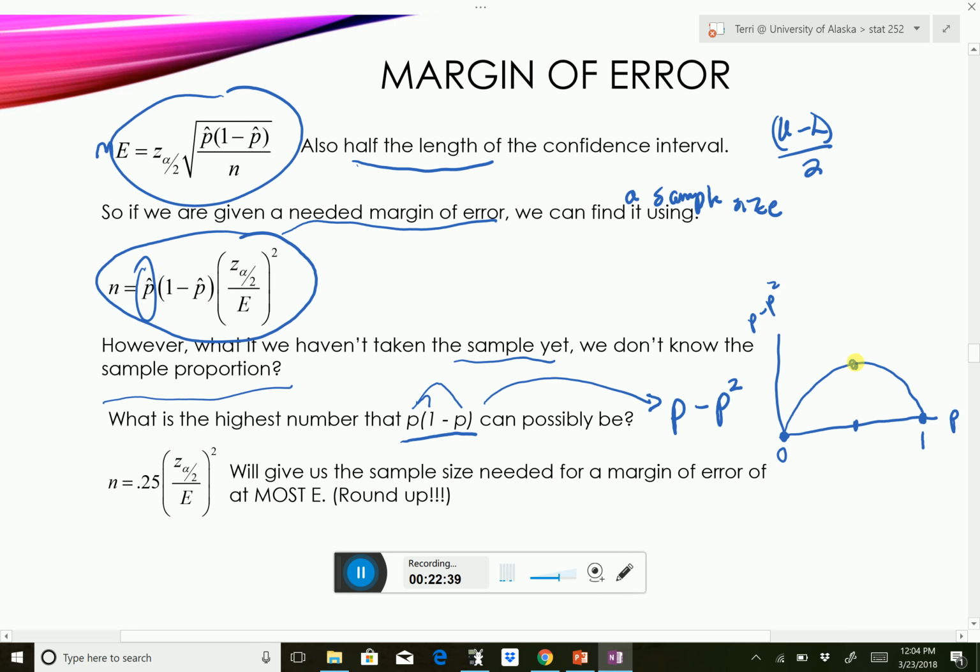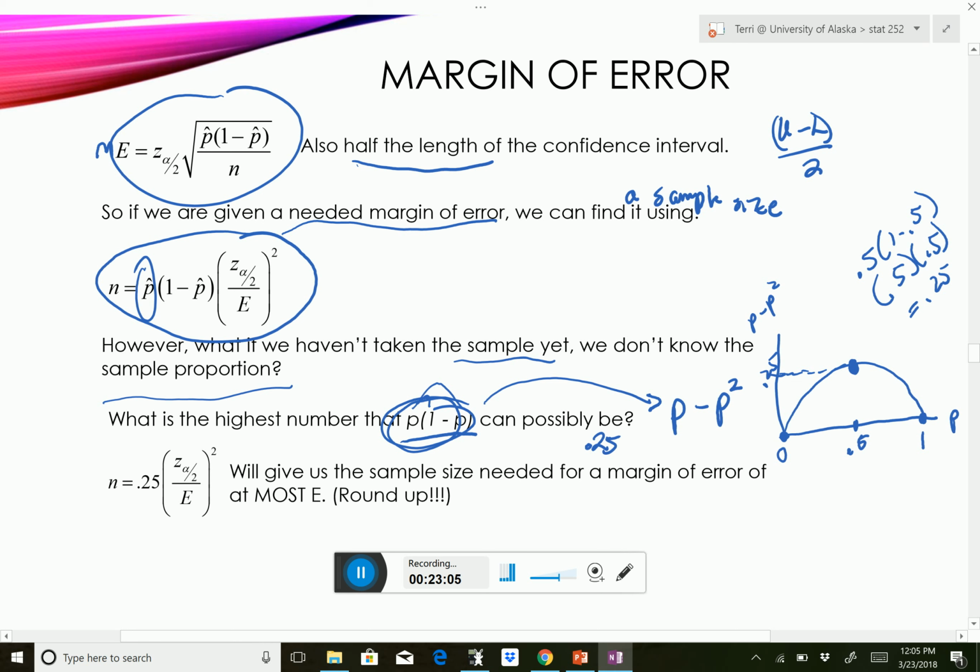Now look at this. This maxes out at 0.5. But what value is this at 0.5? Well, 0.5 times 1 minus 0.5 is 0.5 times 0.5, which is 0.25. So the highest that this number can ever be is 0.25.